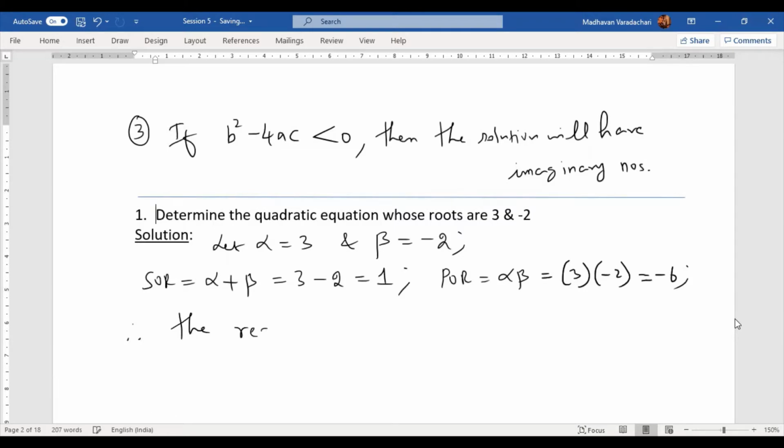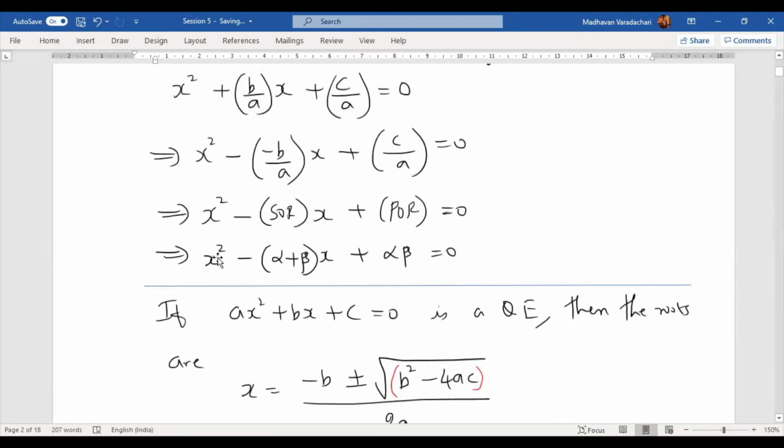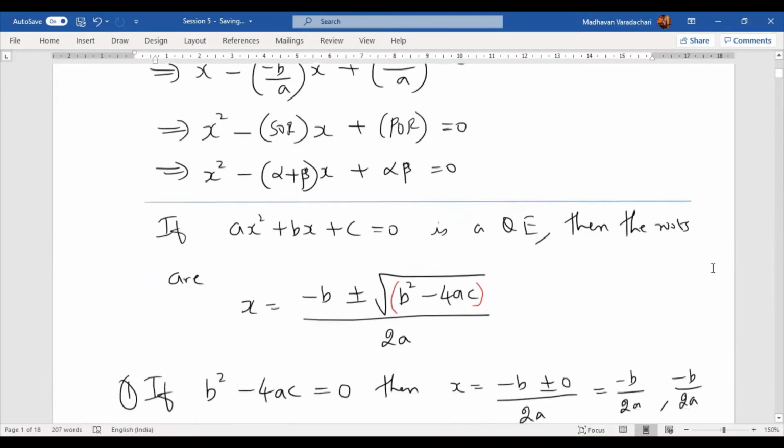the required quadratic equation will be, how? Here, x square, I will have to write it first, minus the sum of the roots, whatever we calculated, we'll put that into x, plus the product of the roots, equated to 0.